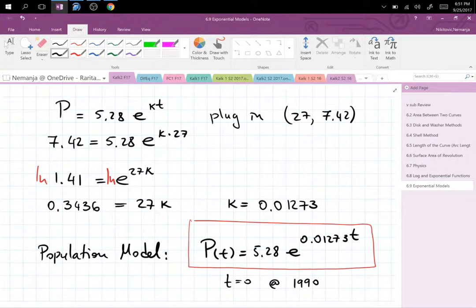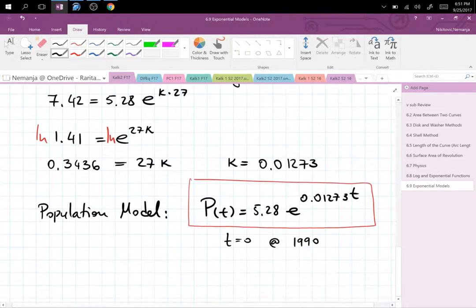I'm going to let the time go to infinity and see how well this model does. Limit as t goes to infinity of 5.28 e to the 0.01273 t is equal to infinity.